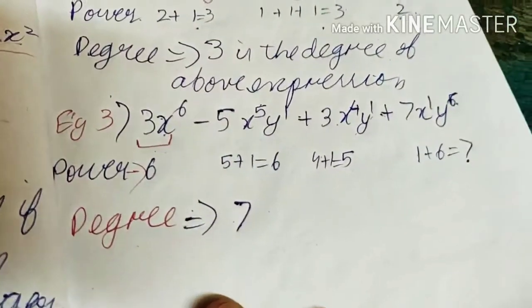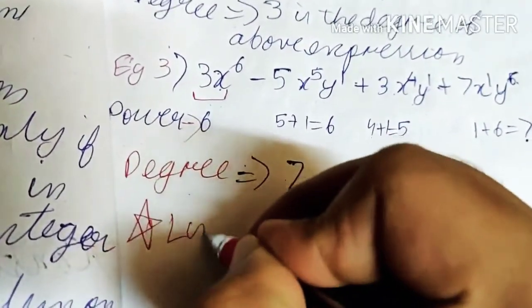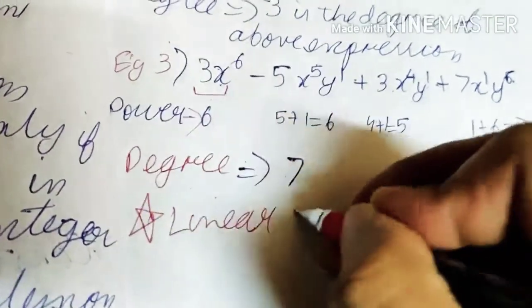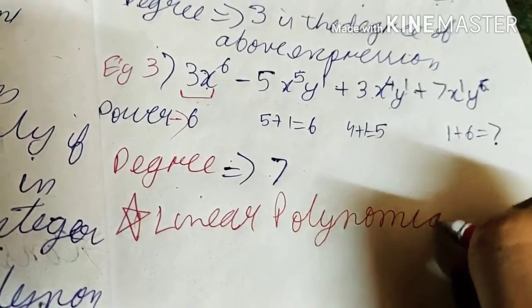And our next thing here is linear polynomial. What does this mean?